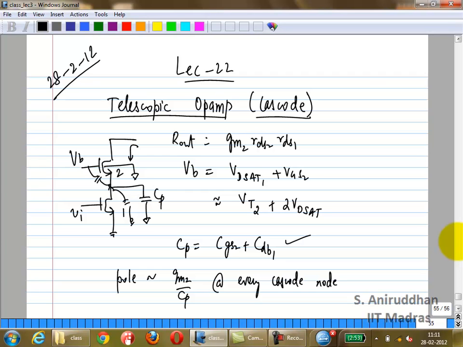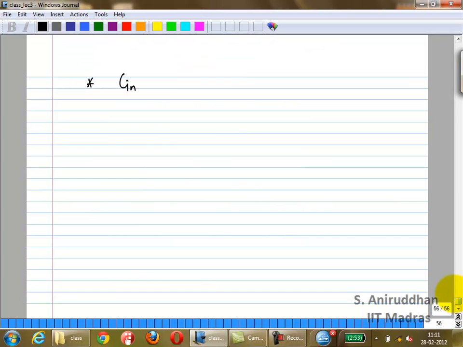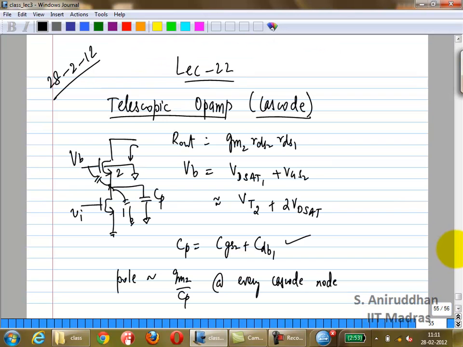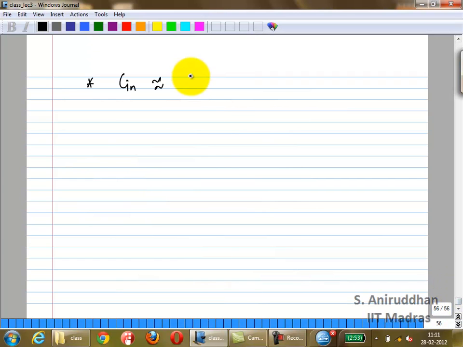And one difference between the cascode and the normal one is that here, what is the input capacitance? CGS1 plus, in this case, approximately equal to CGD1.